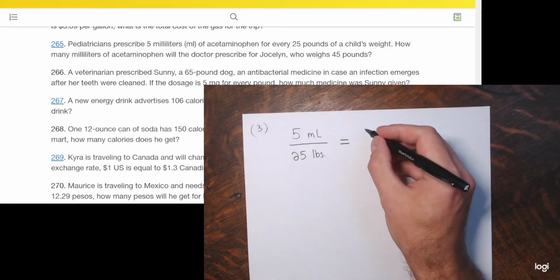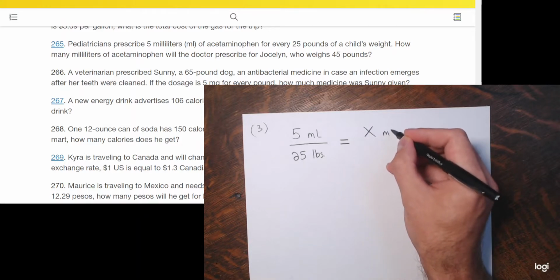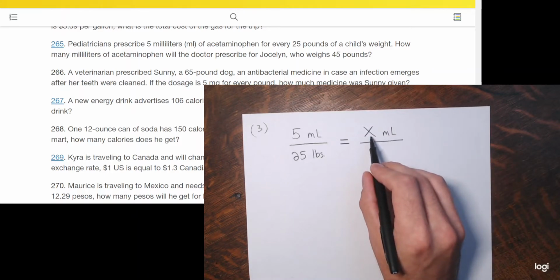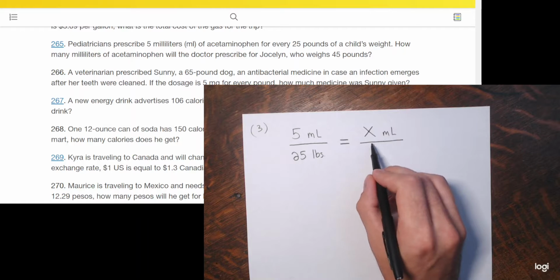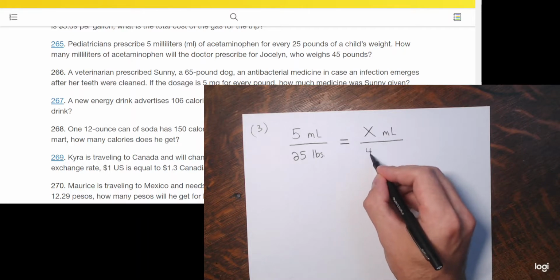The question is, how many milliliters of acetaminophen are prescribed? I don't know this, so I'm going to call this X milliliters. This child, Jocelyn, weighs 45 pounds.